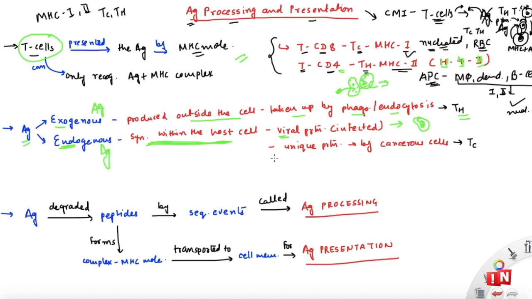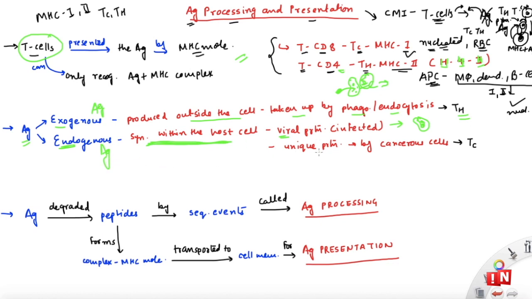It could be abnormal. There could be a folding problem. So there could be a misfold or some kind of problem in our normal, regular protein that needs to be degraded because they are abnormal or they have some fault in them. So in such case also it is called endogenous antigen that needs to be degraded.